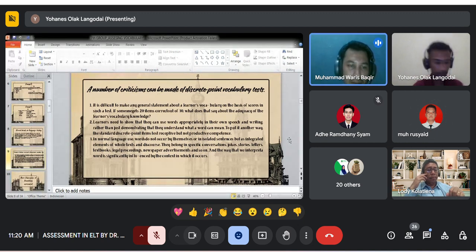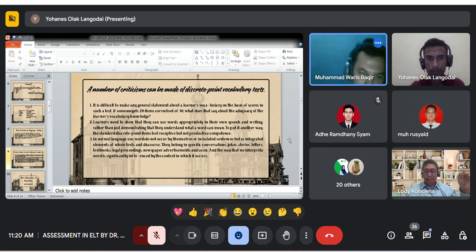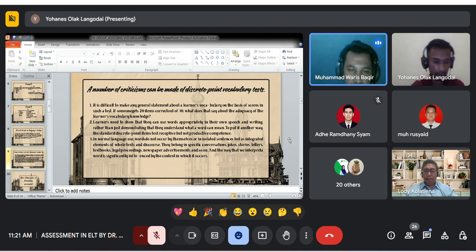The second point is that learners need to show that they can use words appropriately in their own speech and writing, rather than demonstrating that they understand what a word can mean. To put it another way, the standard discrete point items test receptive but not productive competence. The third one: in normal language use, words do not occur by themselves or in isolated sentences, but as integrated elements of whole texts and discourse.